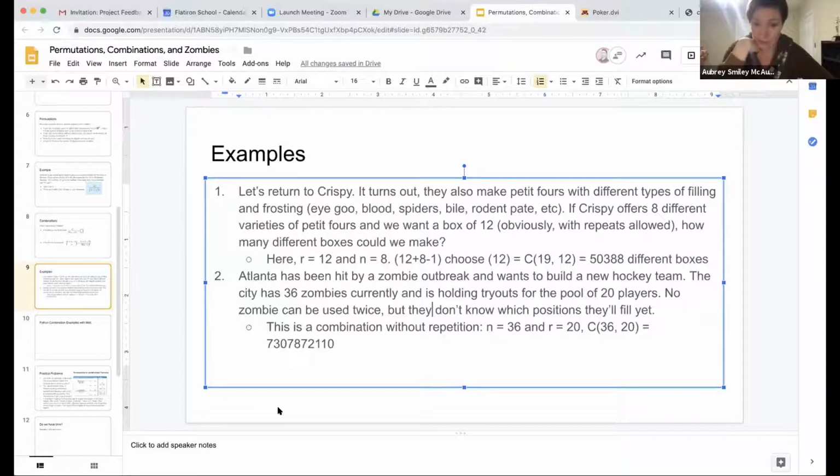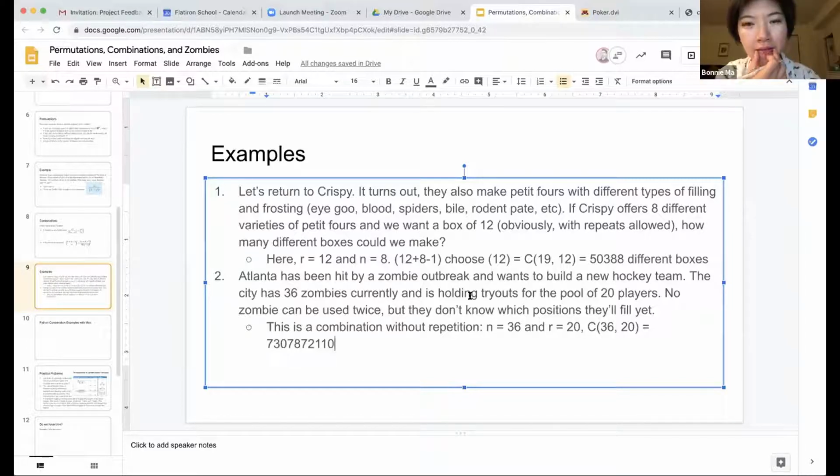So in this case, it's 36, the number of guys coming out for tryouts, choose 20. And that's the number of zombies you get. The reason that it's different from number 1 is that we can't reuse zombies, but we can reuse the same flavor of petit four.